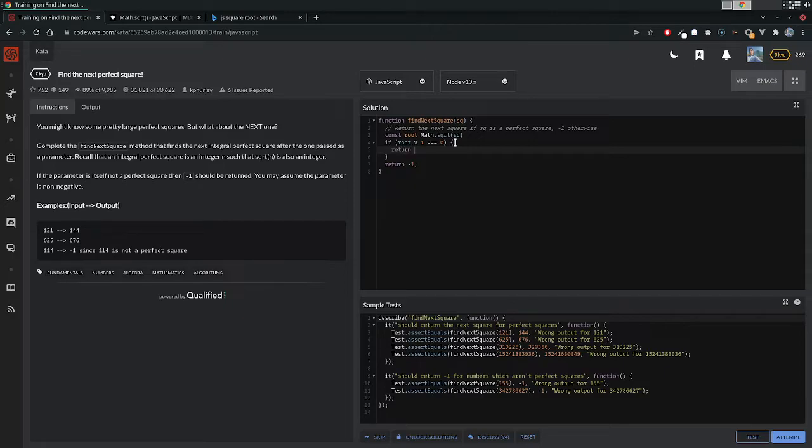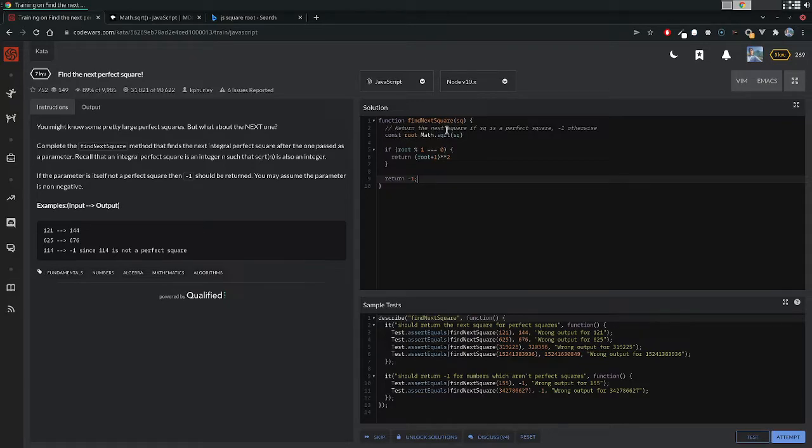Then return the next square. So we want root plus 1 to the second power. Otherwise, if it's not 0, then we return -1.